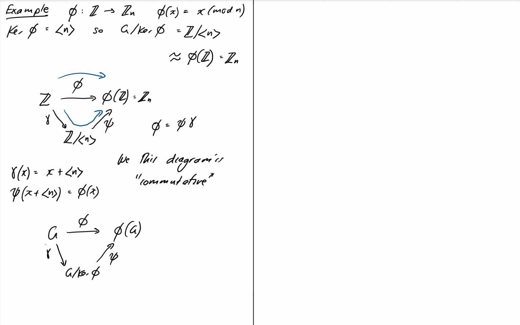So this mapping gamma is what's called the natural mapping into the factor group of the kernel, and G is mapped onto G kernel phi.